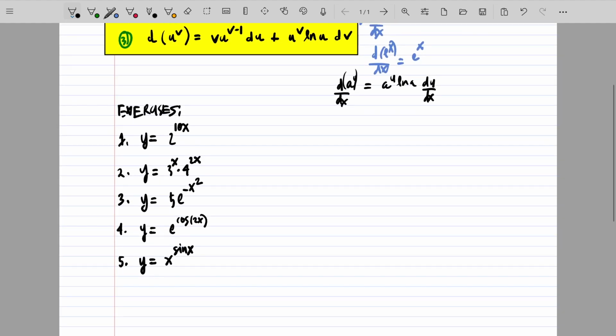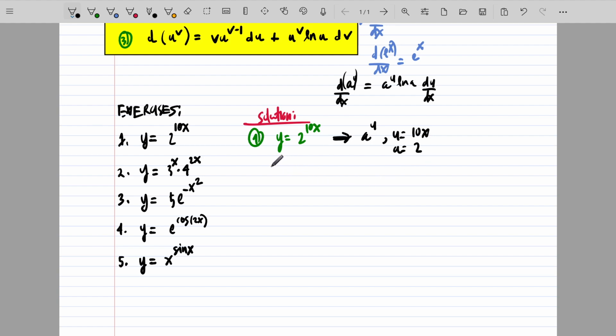Number one is the derivative of 2 raised to 10x. In this case, if you compare that to a raised to u, our u is 10x and our a is 2.